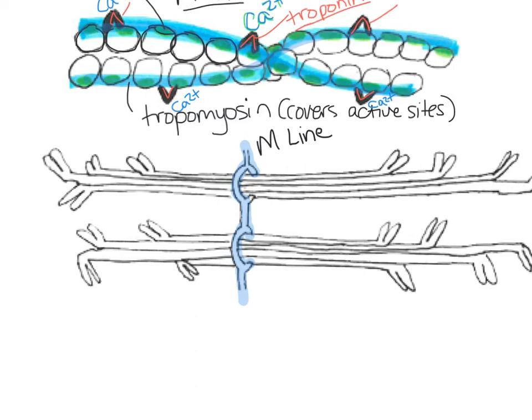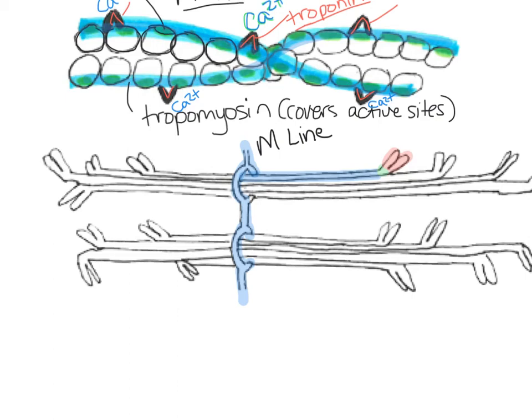So with the myosin molecule, there's this long tail. Then there's a little spring. Then each myosin molecule has 2 heads. Okay? And so that spring can cock the myosin heads.